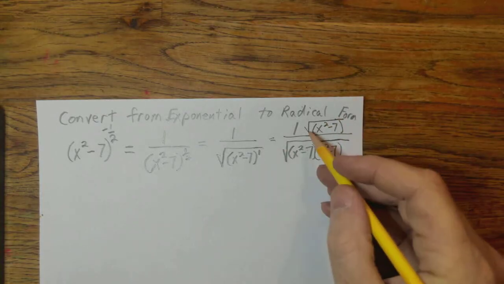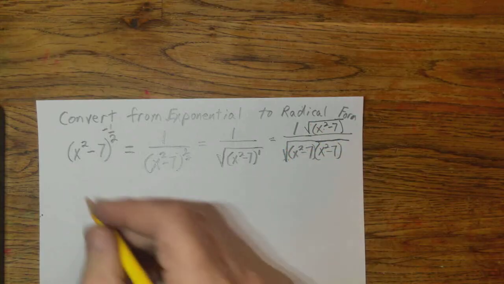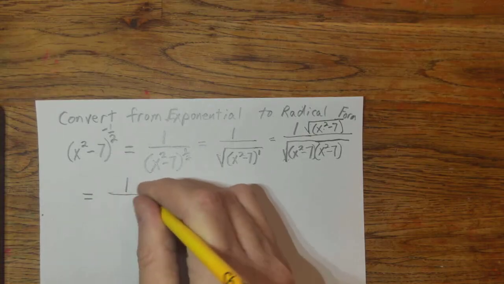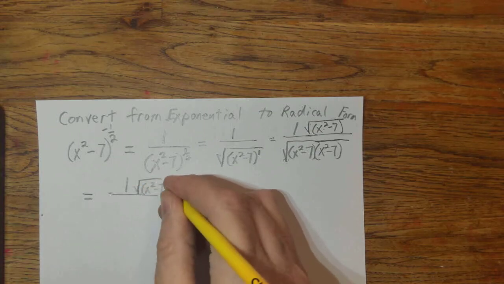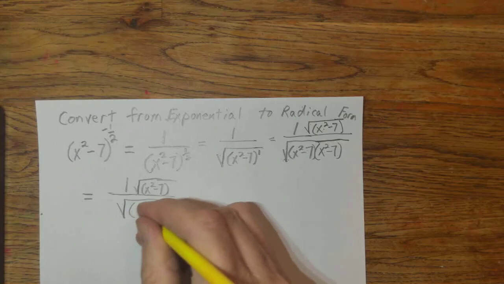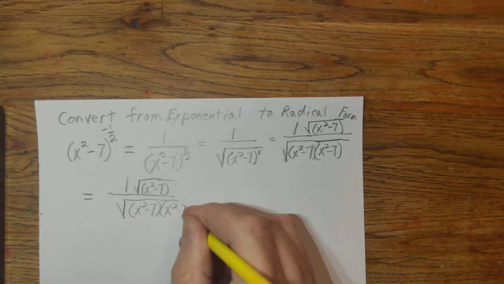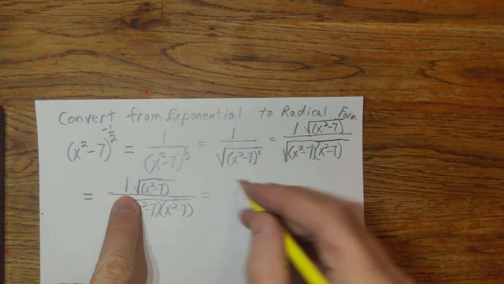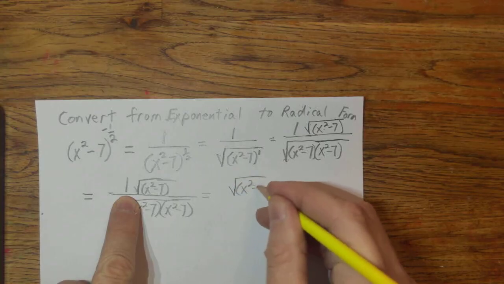I have to put the x squared minus 7 under the radical because that's where it is in the denominator. So I get 1 over the square root of x squared minus 7 on top, and on the bottom, the square root of x squared minus 7 times the square root of x squared minus 7. I'm going to get rid of that 1. Just multiplying by 1.